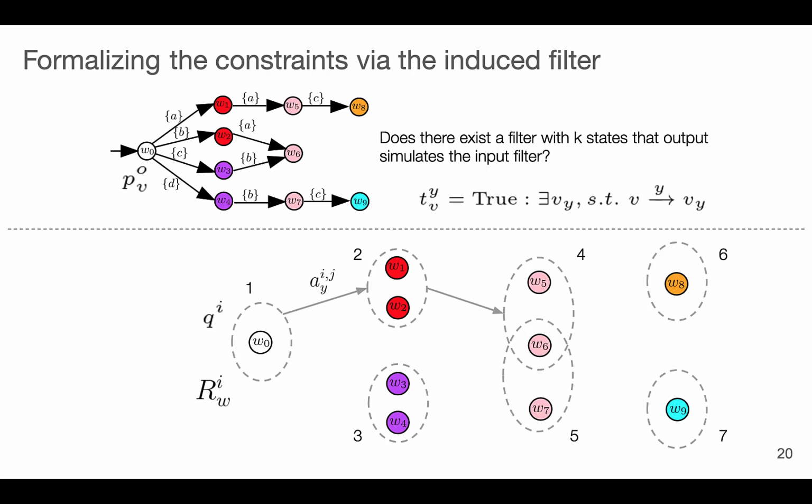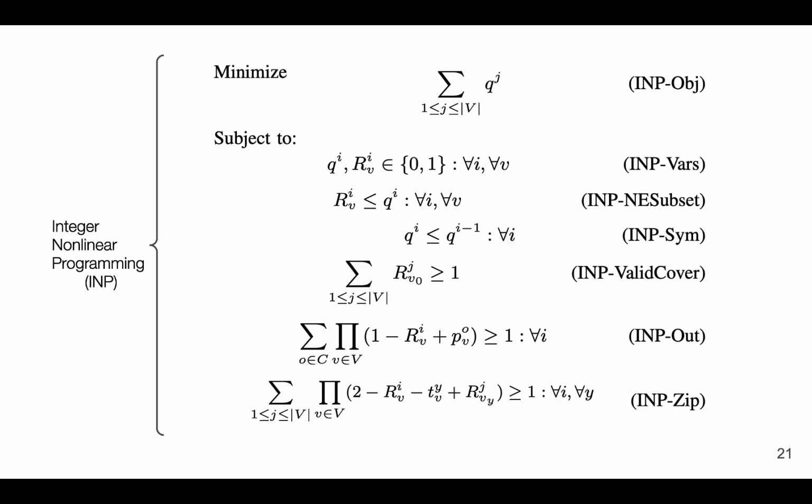So we introduce binary variables to encode the structures of the induced filter, and this leads us to an integer nonlinear program. Here, Qi represents the fact that the i-th set in the cover is not empty, so it corresponds to a valid state in the induced filter, and the objective is to minimize the total number of states used by the induced filter.